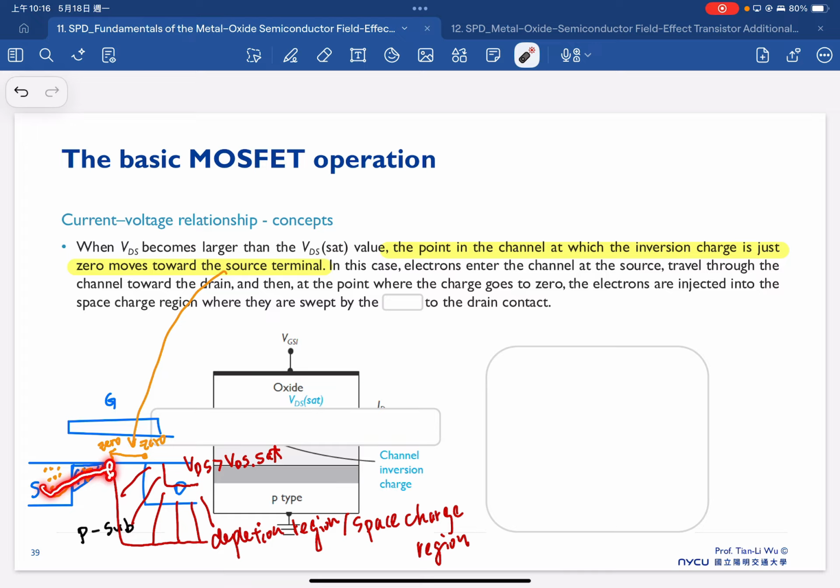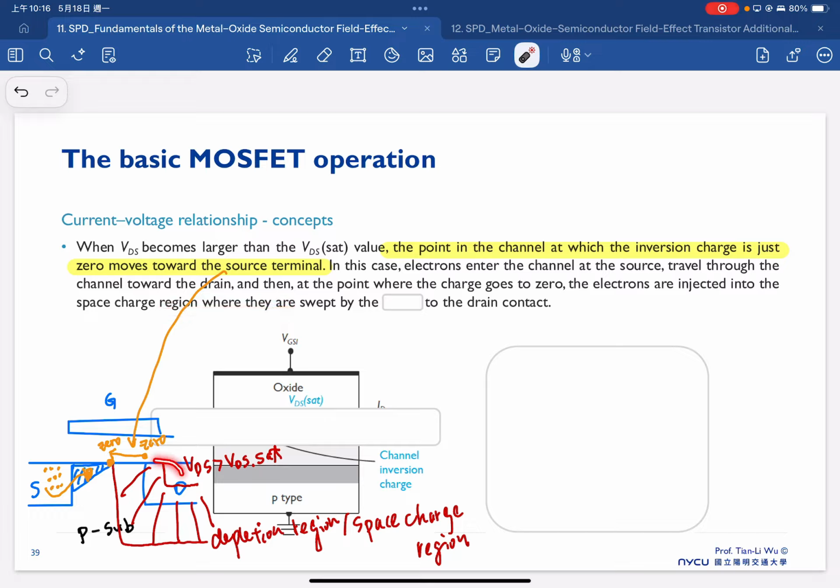How the electrons can then travel to the drain side is determined by the electric field inside this space charge region. When the charge goes to zero, the electrons are injected into the space charge region, where they are swept by the electric field.